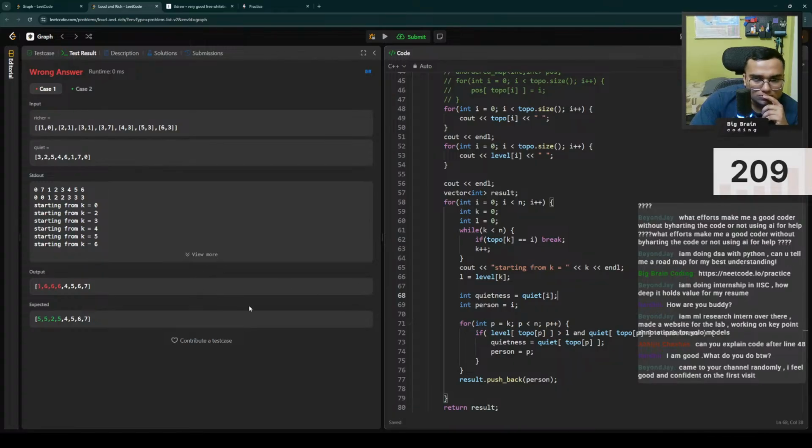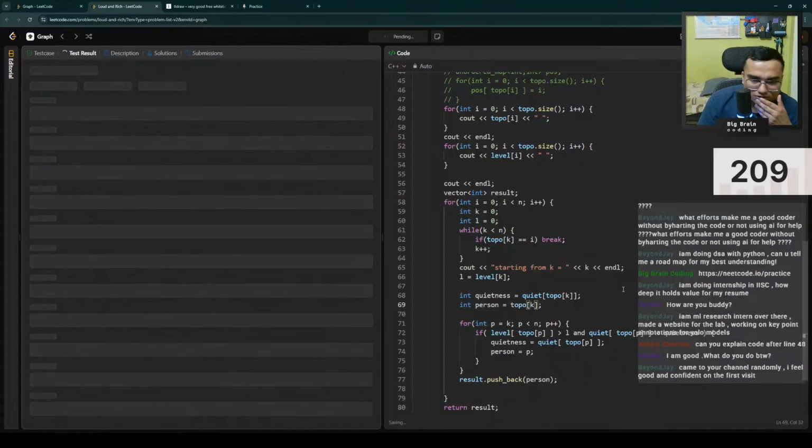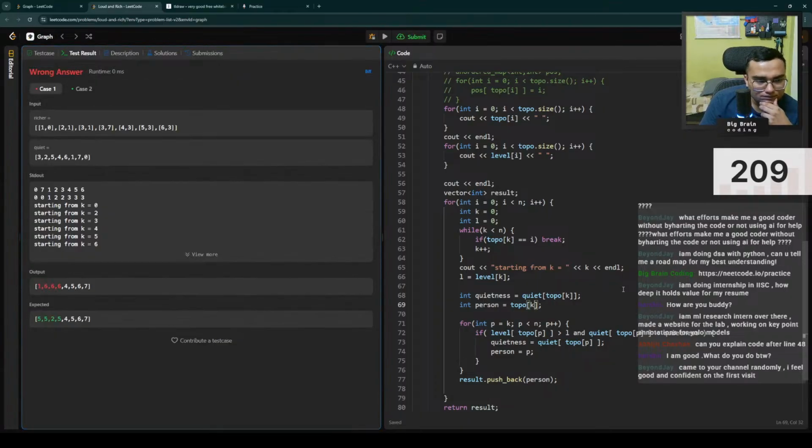And quietness equals quiet of. Okay, is this bad? I think this is bad. This should be quiet of topo of k, but that's the same thing, right? Person is topo of k. This doesn't change anything. Yep. Then from k, or should I do k plus 1 just in case?